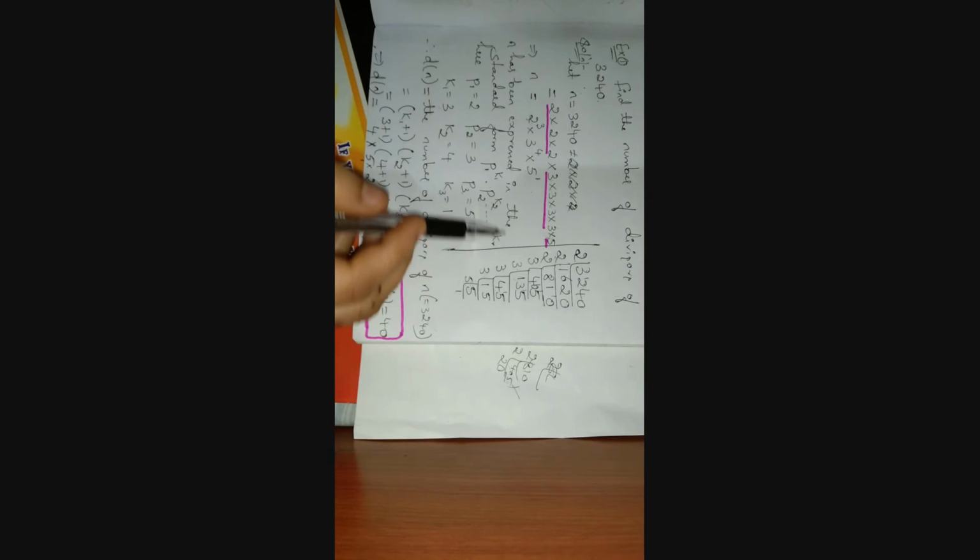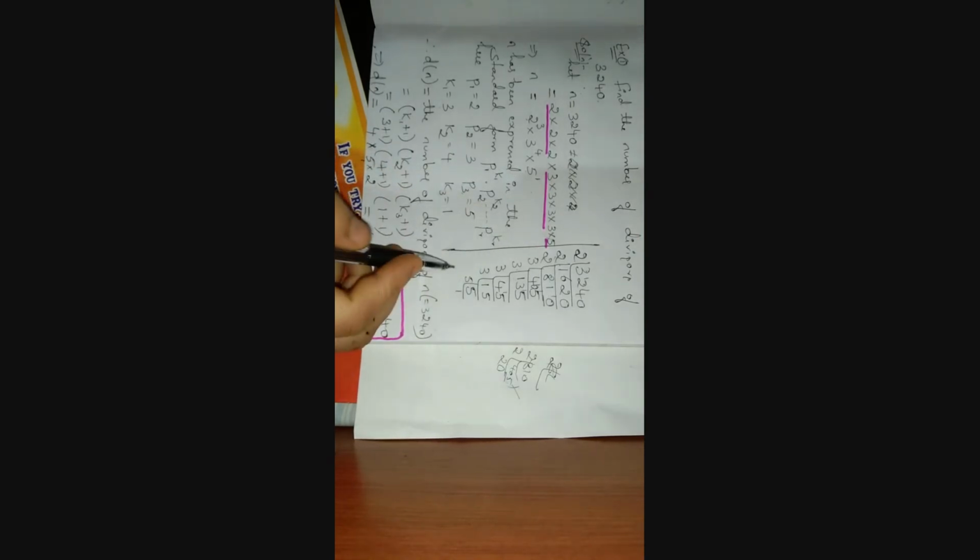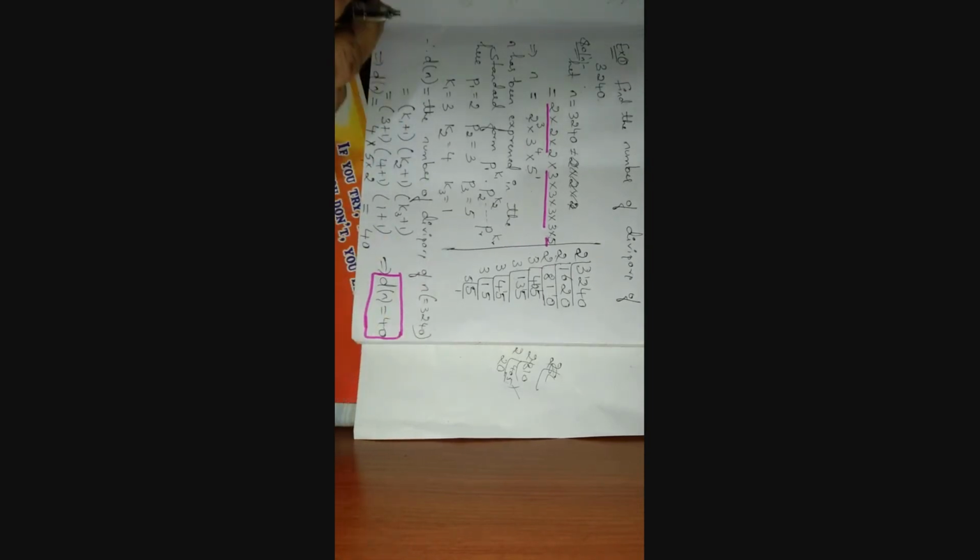Since only up to k3 is there, if suppose k4 is here, then you write k4 plus 1. Suppose k5 is there, then k5 plus 1, and if k10 is there, you should write up to k10 plus 1. That simple thing you should remember. You are just substituting the values and finding the answer, that is d of n is equal to 40.